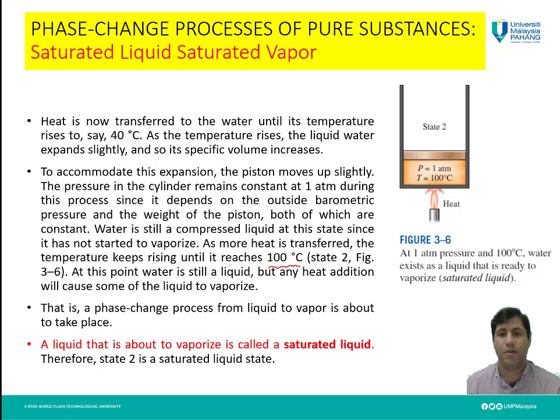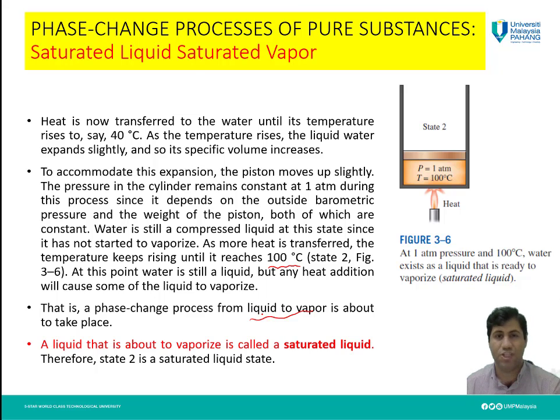So when the temperature of water reaches 100 degrees Celsius, any extra thermal energy or heat will cause separation of some of the H2O molecules from liquid to the surrounding, or changing phase from the liquid to gas, from water to the vapor. This is a phase change process from liquid to vapor, and it is about to take place at 100 degrees Celsius.